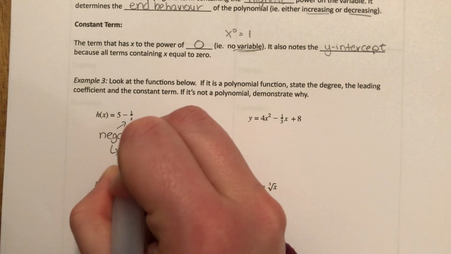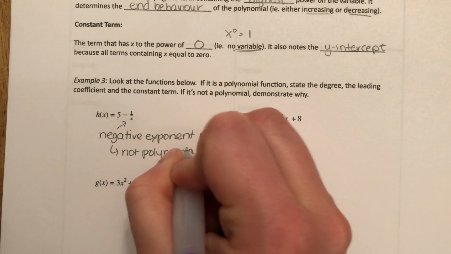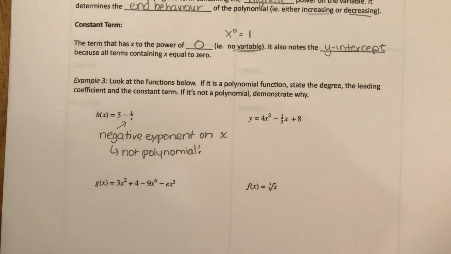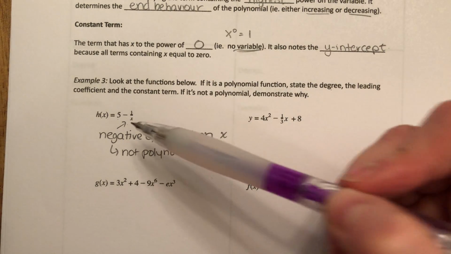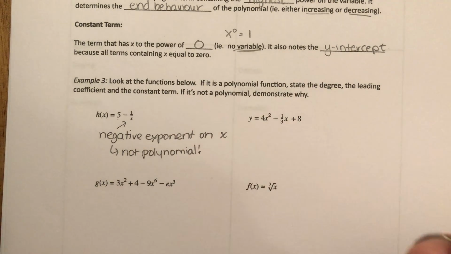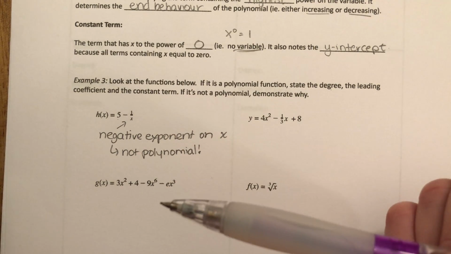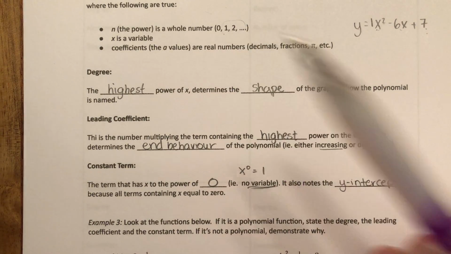What that means is that this is not a polynomial, because if we look back at the bullet points up there, n, the power on that variable, has to be a positive whole number. Whole numbers start at 0 and go up. Integers are negative. These guys are not.